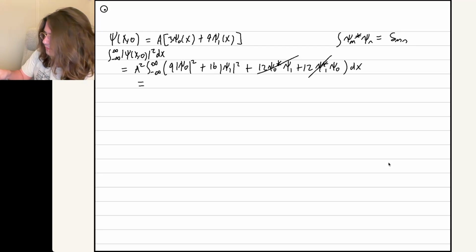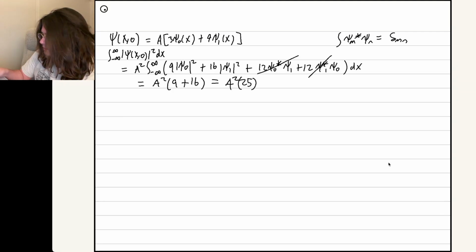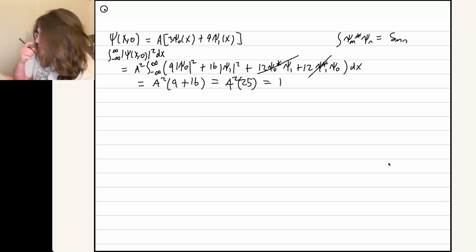So we have a squared times 9 plus 16, which is a squared times 25, and you set that equal to 1 to normalize it, so you find that a is equal to 1/5. Okay.